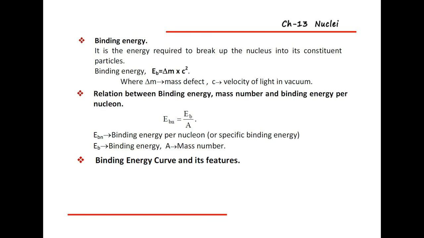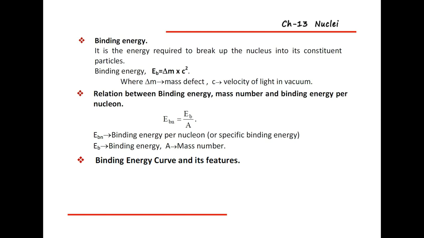Next, the binding energy. It is the energy required to break up the nucleus into its constituent particles. The binding energy Eb is equal to delta M into C square, where delta M is the mass defect and C is the velocity of light in vacuum.